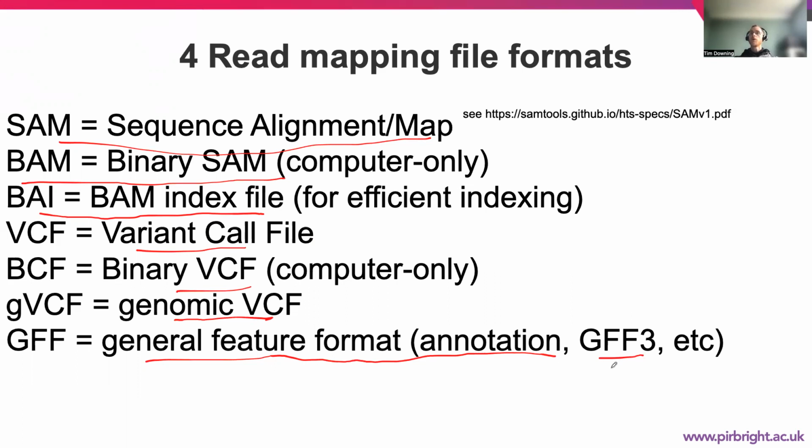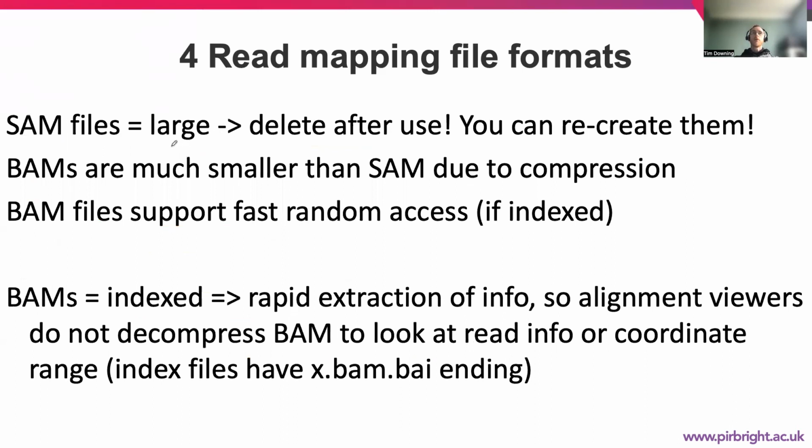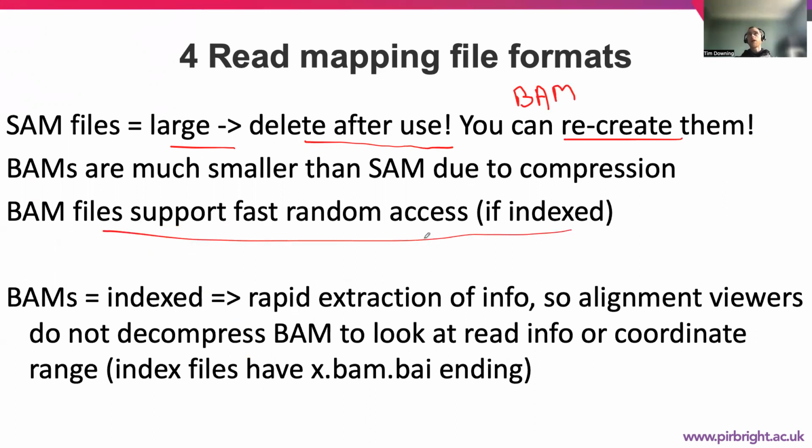So a few pointers on this. SAM files are very, very large, so you can delete them after you create them, once you've converted them to the BAM format. You don't need to keep them, don't store them. You can recreate them quite easily, and we'll do that. BAM files we'll use as they support fast random access.